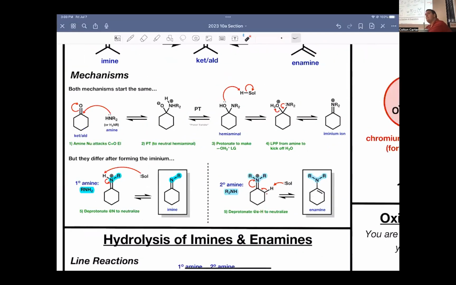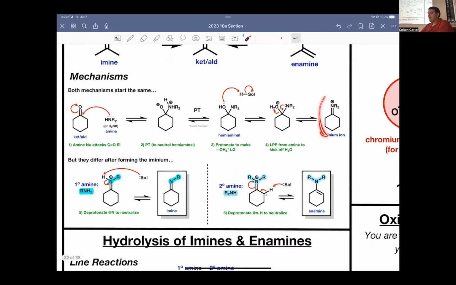Questions about this mechanism? Yeah. For this, I did the one as if it was secondary, and I said it could be this. Okay.